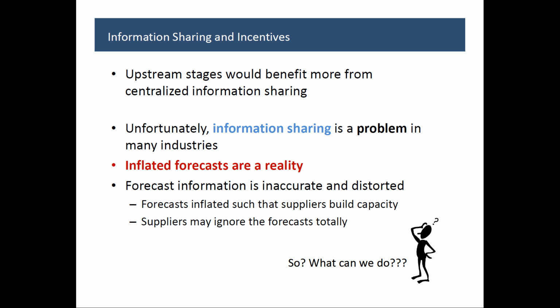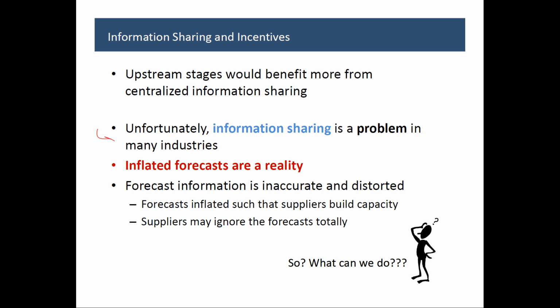So the retailer would benefit less from centralized information sharing than the manufacturer. So the problem is how to incentivize and motivate the retailer to actually share the information with all supply chain partners.